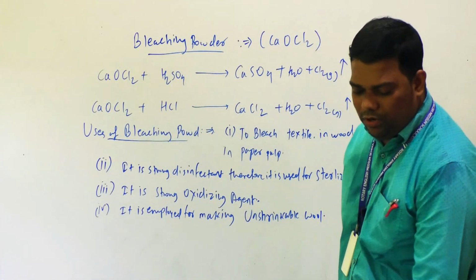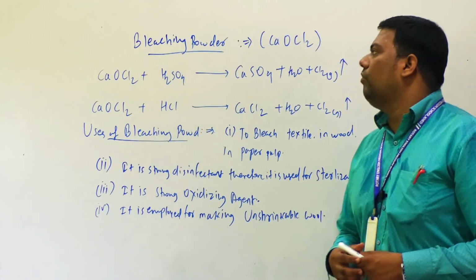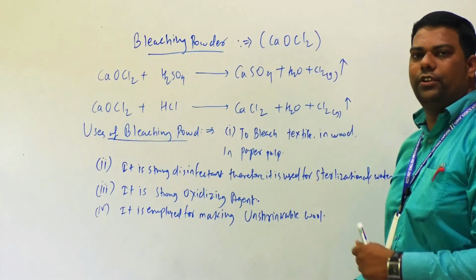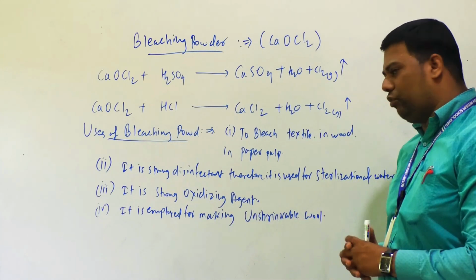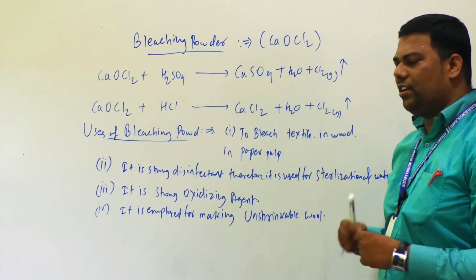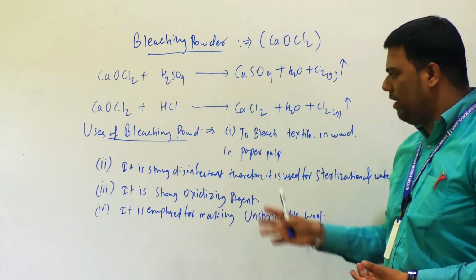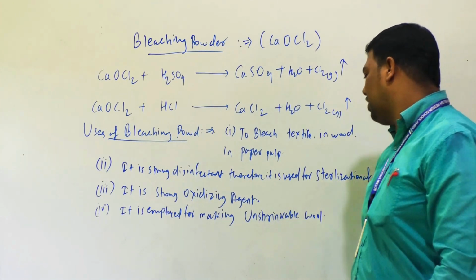Very important. Whatever our bleaching powder, we can use it to make unshrinkable wool. Unshrinkable means wrinkles will not form, so by using this bleaching powder we can make unshrinkable wool.